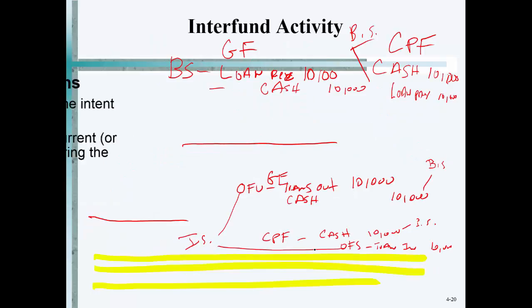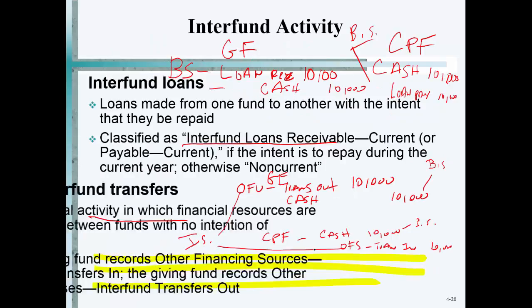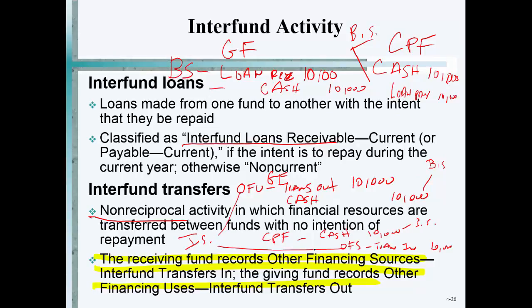Now you come over, and we talk about inter-fund activity, and we're really talking about two types. Up here we have loans, don't we? If we have a loan, what happens? Say the general fund is going to loan money over to the capital project fund.